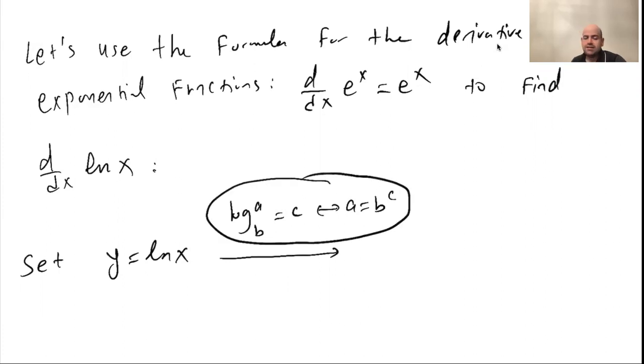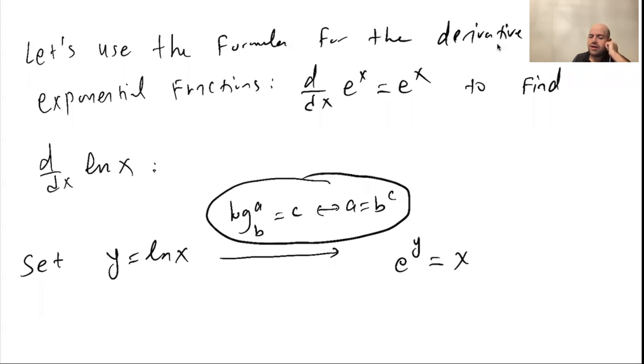And ln means logarithm in base e. So the logarithm of x in base e is y, so that means e to the power y is equal to x. So this can be rewritten in the form e to the power y equals x.